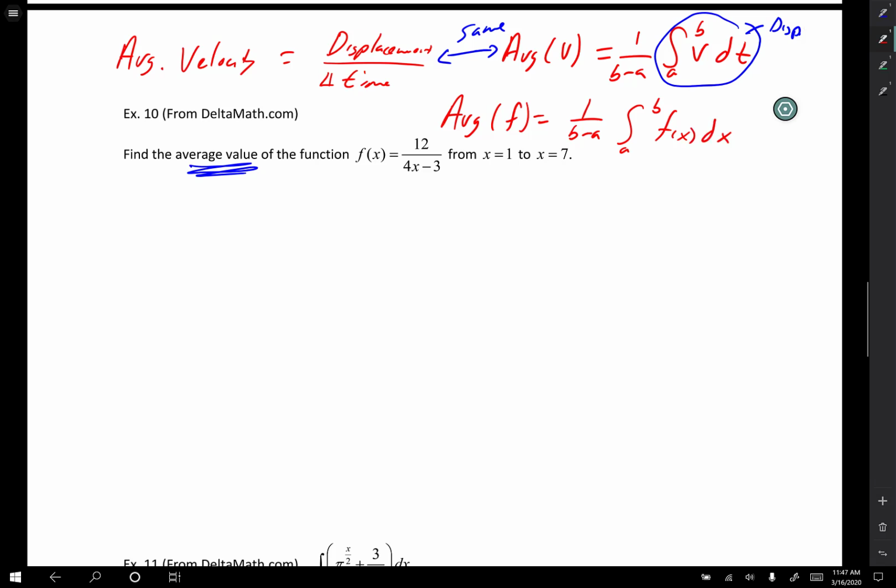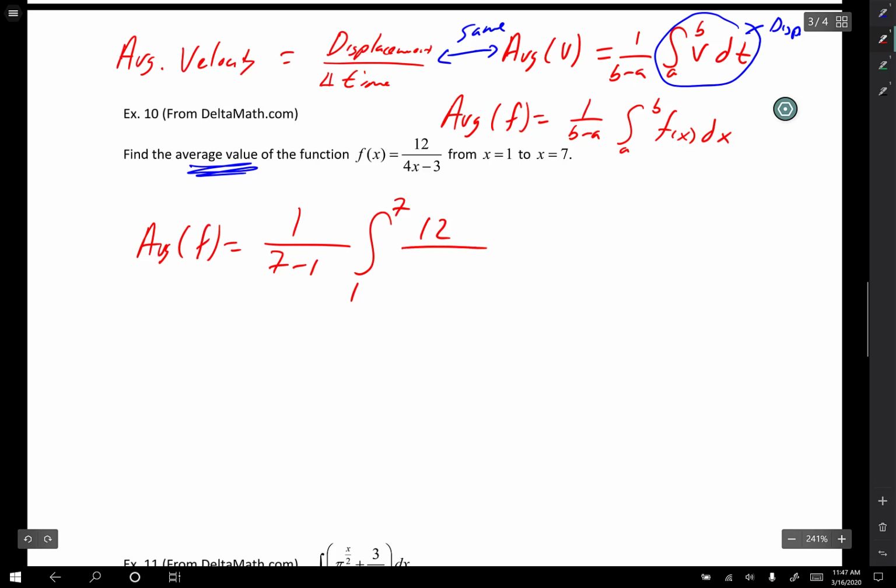All right, let's do it. I want the average value of this. I can't factor anything out on the bottom, so I'm going to write average of f is equal to 1 over 7 minus 1, integral 1 to 7 of 12 over 4x minus 3.